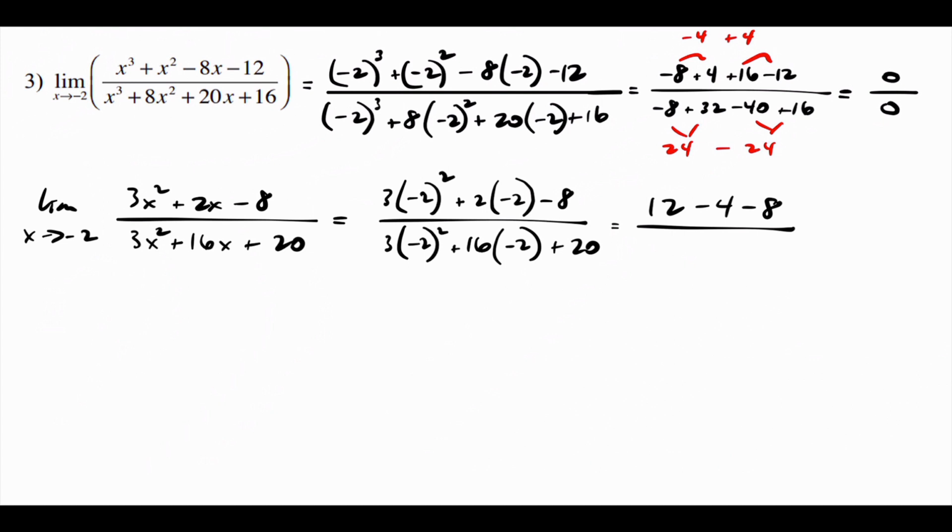On bottom is another 12 minus 32 plus 20. Twelve minus 4 minus 8 is 0. 12 minus 32 is -20, plus 20 is 0. I got 0 over 0 again. Use L'Hopital's rule again. Find the second derivative now.